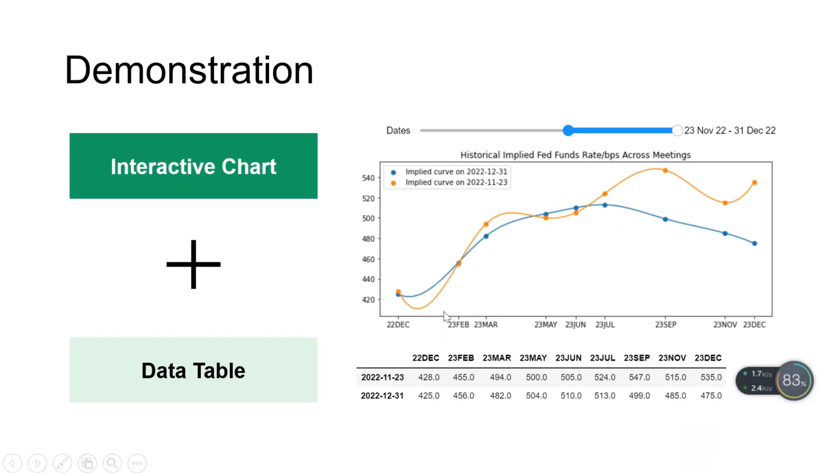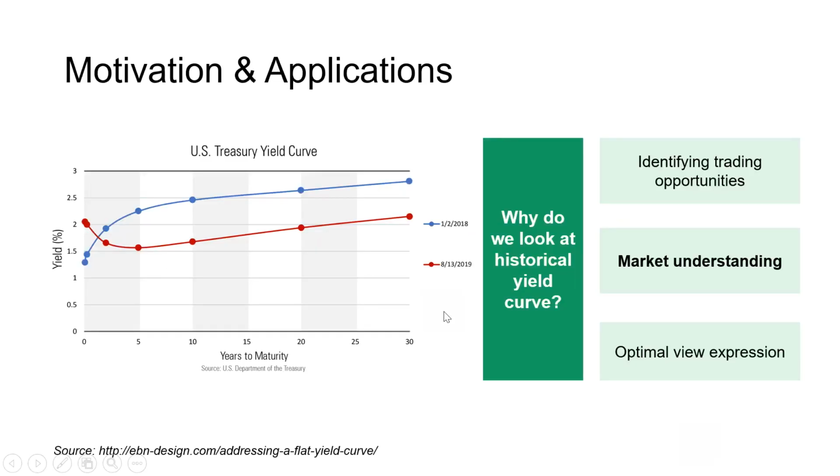So for the motivation of this project, I think a lot of traders in banks or in hedge funds look at interest rate curves all the time, and it is important for both identifying trading opportunities and also understanding the market.